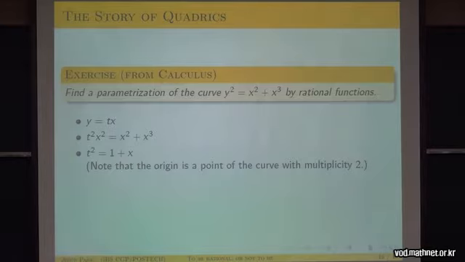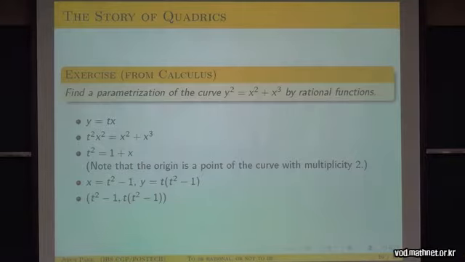So you remove this x squared, then you will get t squared is 1 plus x, right? And then x will be t squared minus 1, and y is t times t squared minus 1. So that's our parameterization, like this, right?